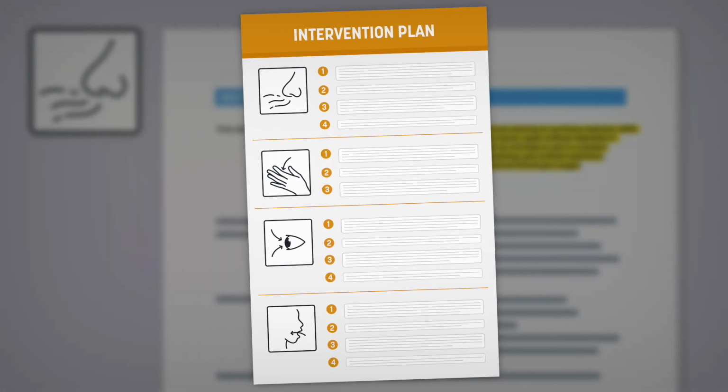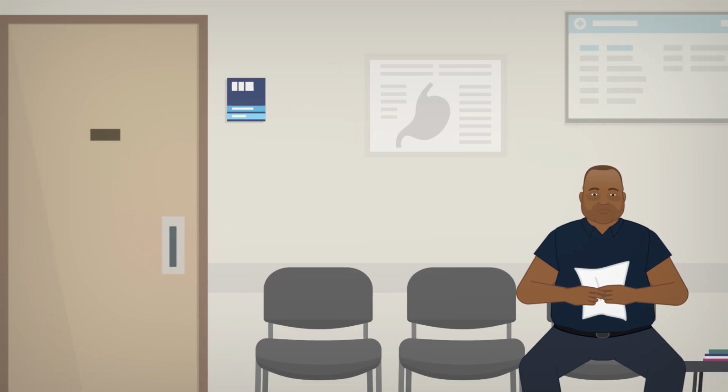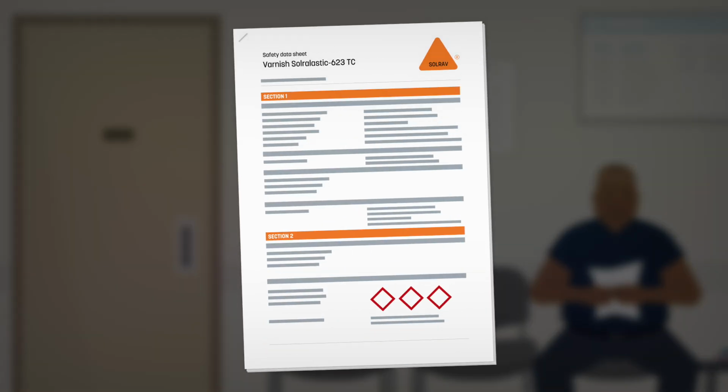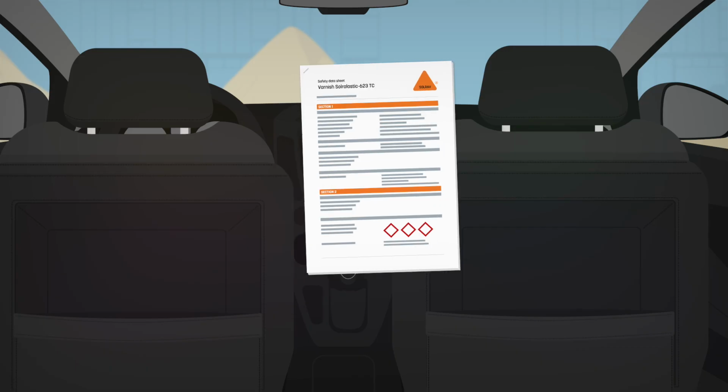An intervention plan allows for a quick response in case of exposure like this. If you need to go to the hospital following exposure, it is recommended to bring a paper copy of the SDS because it allows for a quicker diagnosis and intervention. That's why there should always be copies of the SDSs on the construction site.